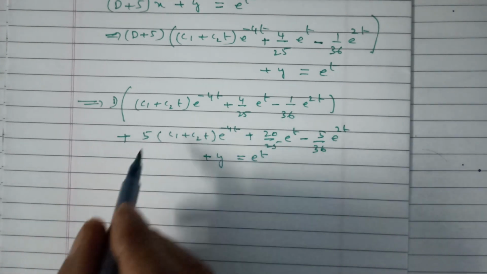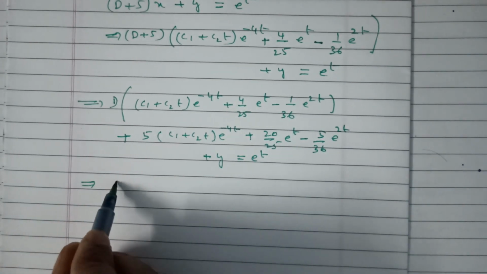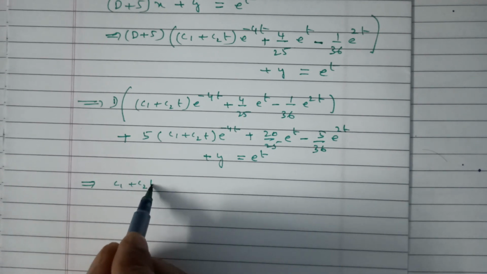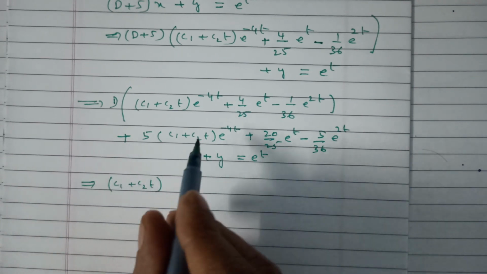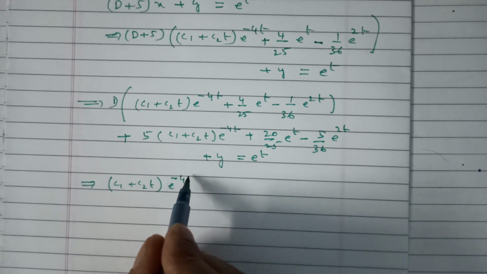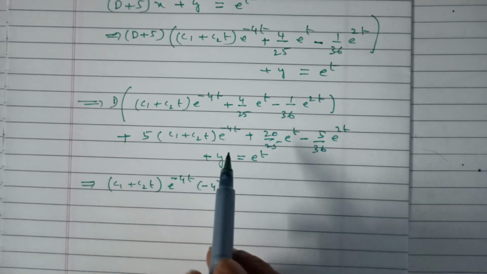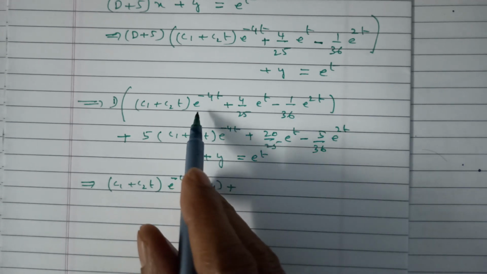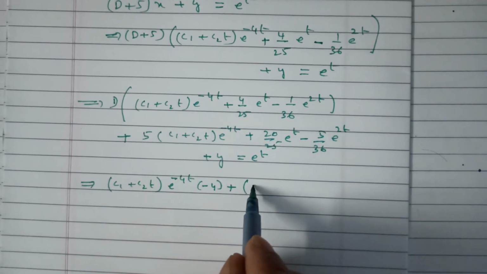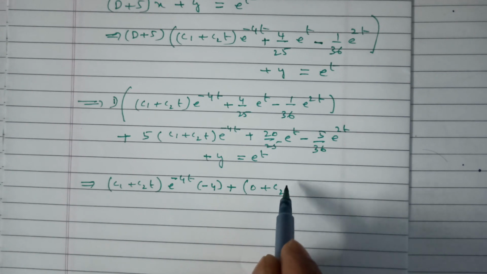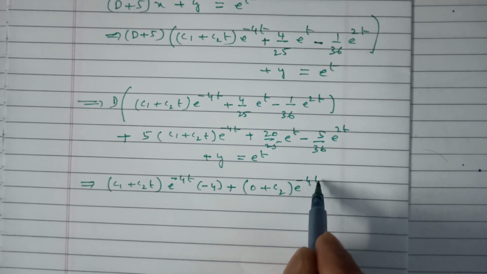So differentiate now. UV method means c1 plus c2t into e power minus 4t into minus 4 plus this is constant and this we can differentiate, 0 plus c2 into e power minus 4t.